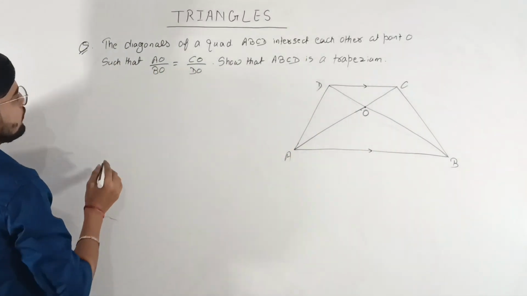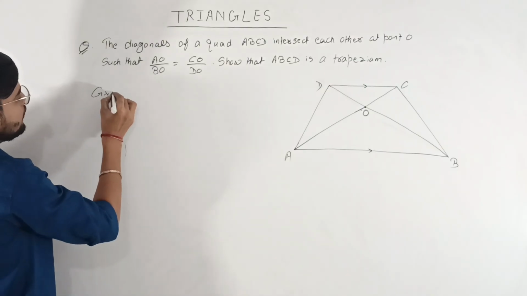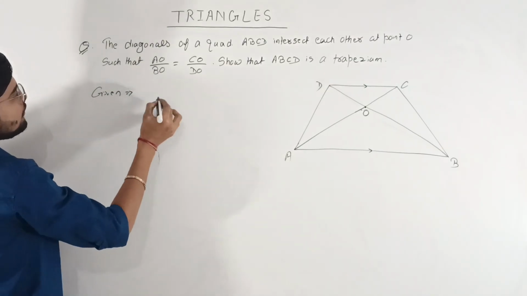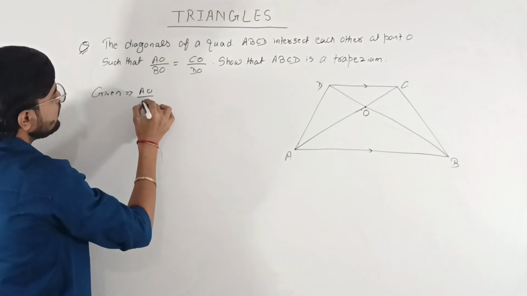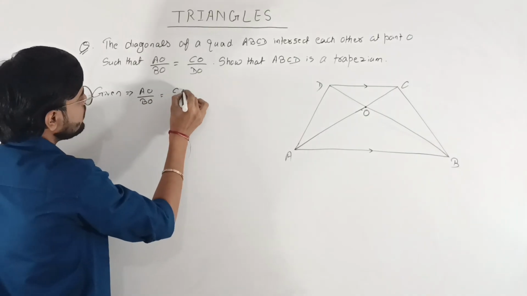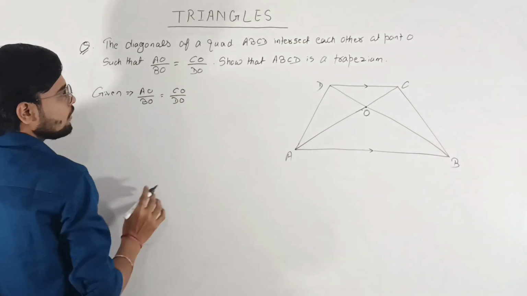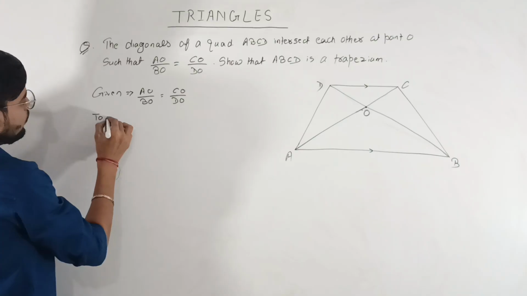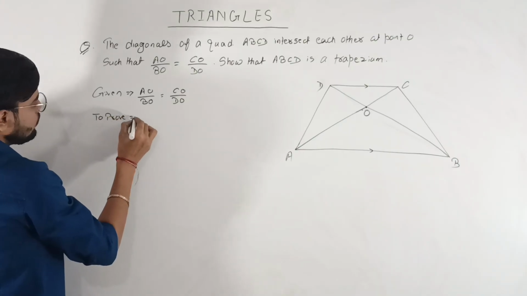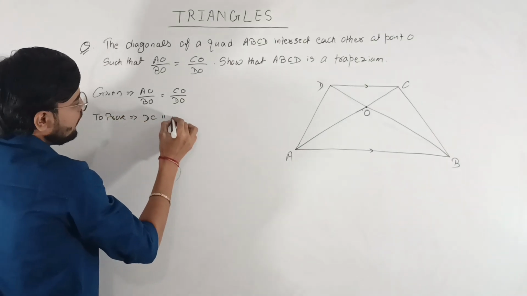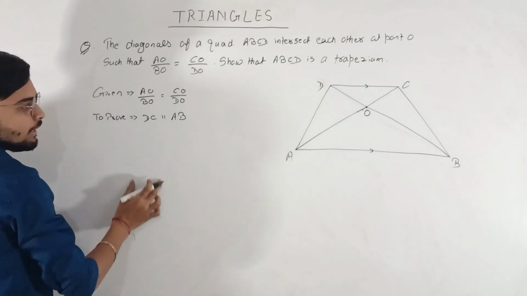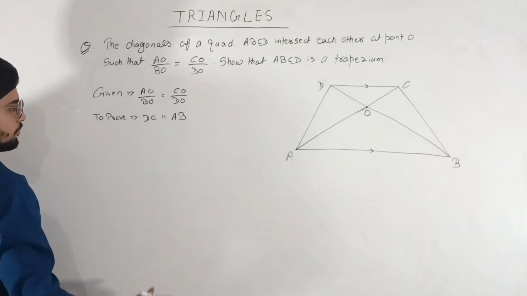So for this, first I write what is given. Given is AO upon BO is equal to CO upon DO. What we have to prove? DC is parallel to AB. When we prove DC is parallel to AB, then ABCD is a trapezium.